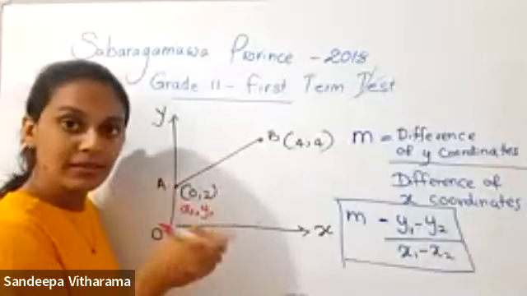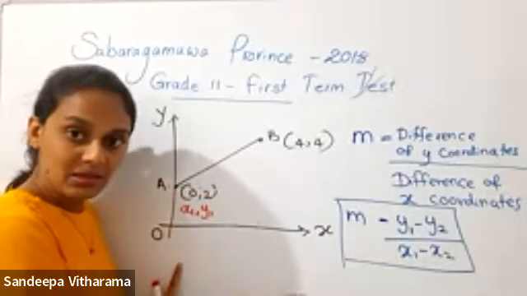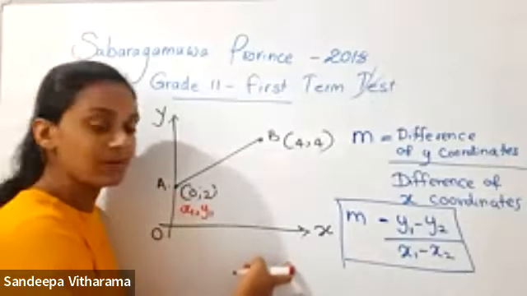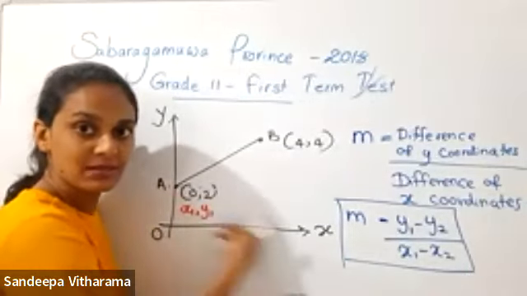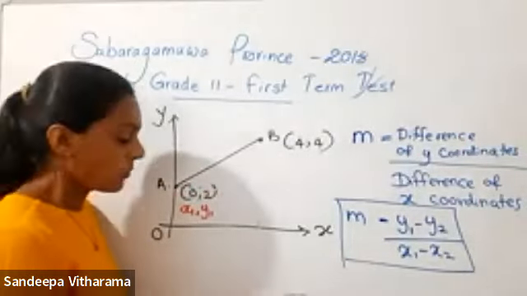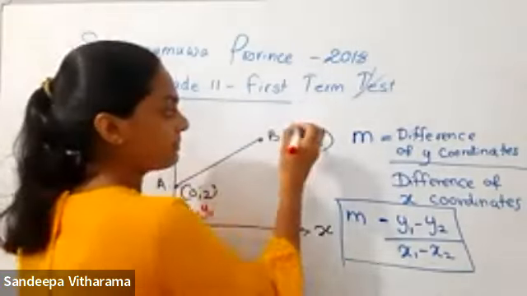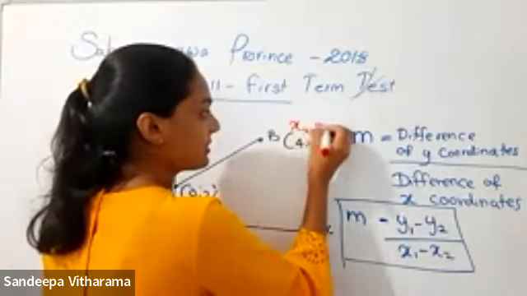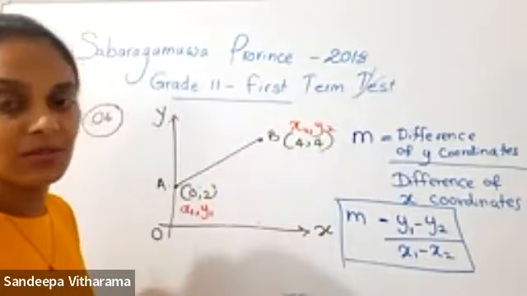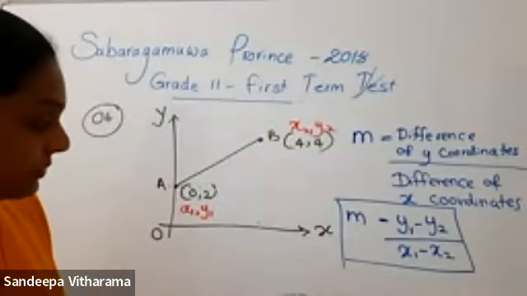Always remember that when we write the coordinate of a point, we write the x coordinate first, that means the number which is relevant to the x-axis first. Next we write the number relevant to the y-axis as the second coordinate. Then here it becomes x2, y2. This is what you have to do first when you are given the coordinates of the 2 points.